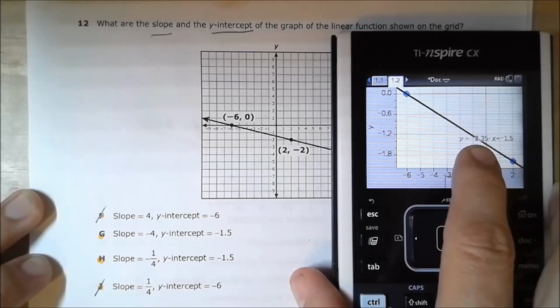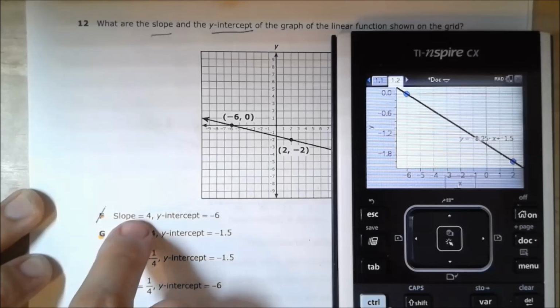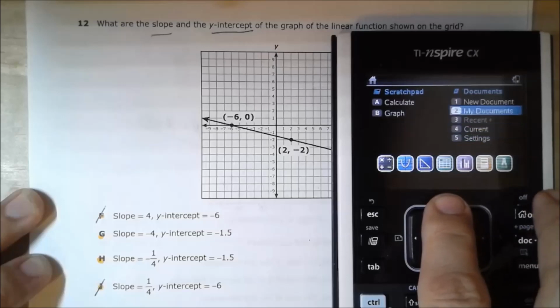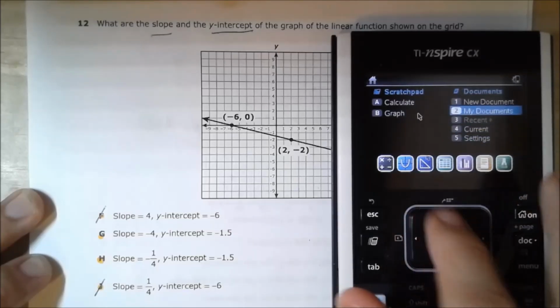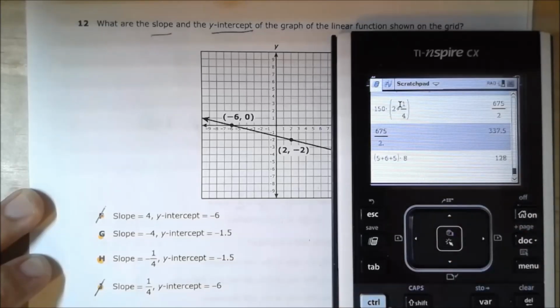What value is that? And if you're not certain which one of these numbers is -0.25, I would recommend hitting the on button, going back up to calculate, and once you get there, you can actually convert -0.25 to a fraction by hitting menu.